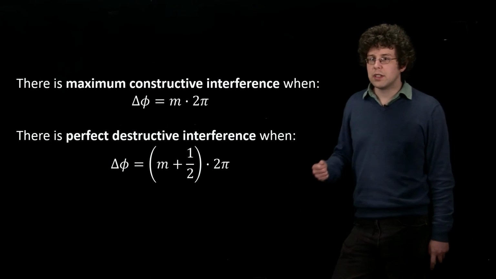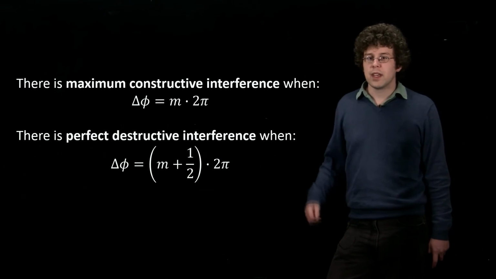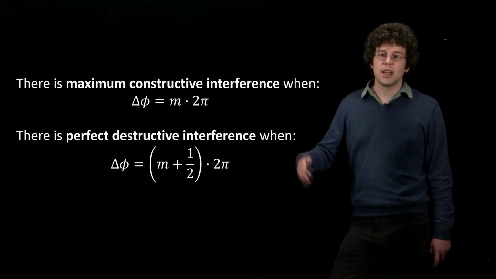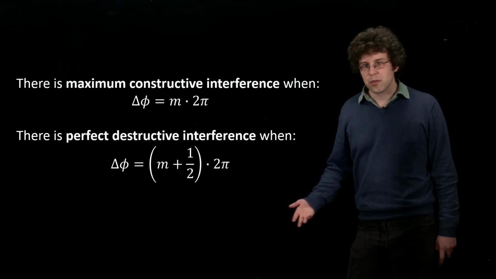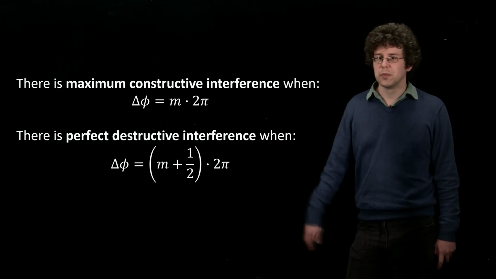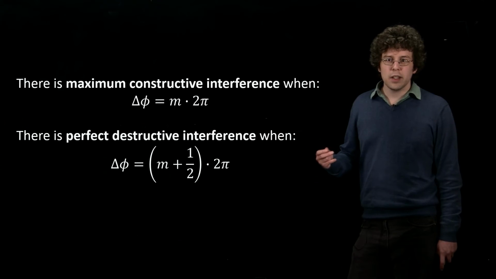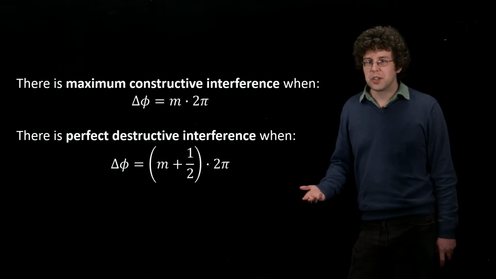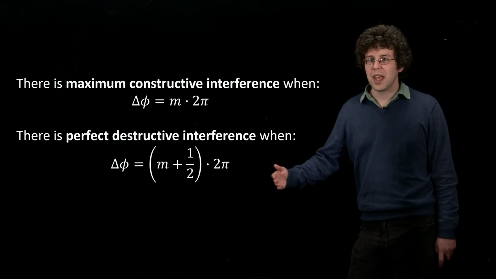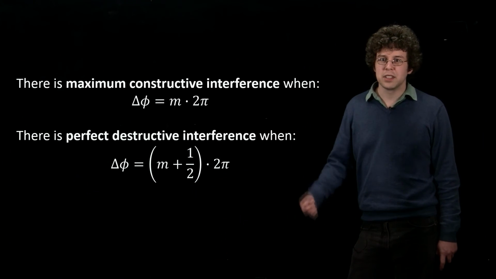And we'll get perfect destructive interference if they're an integer plus a half multiple of 2 pi. So I guess 1 pi, 3 pi, 5 pi, and so on. In general, you could get this phase difference by some combination of shifting the position and shifting the phase constant.